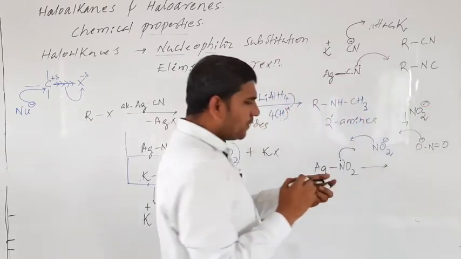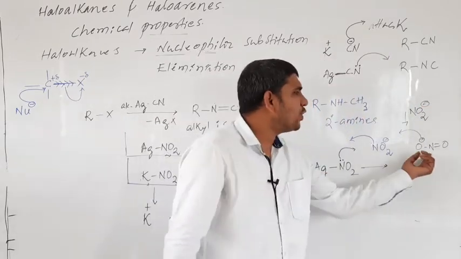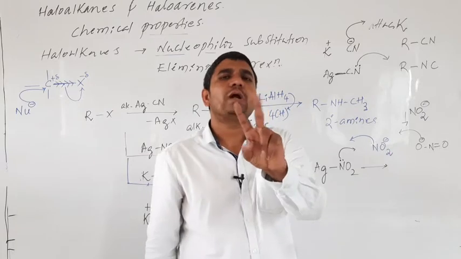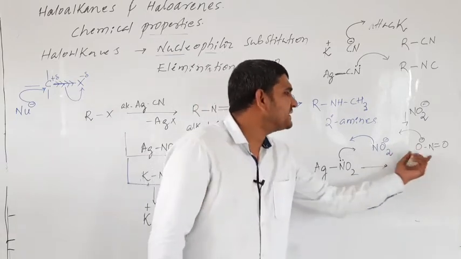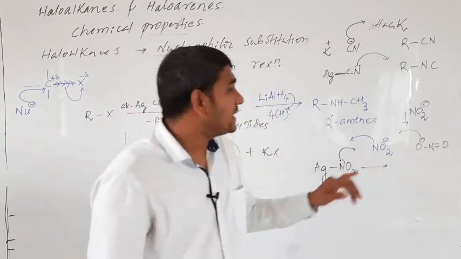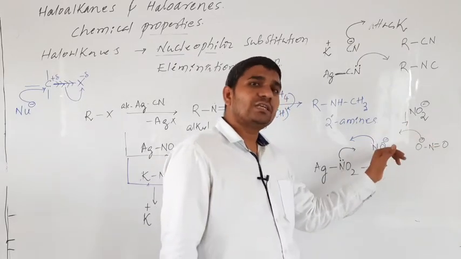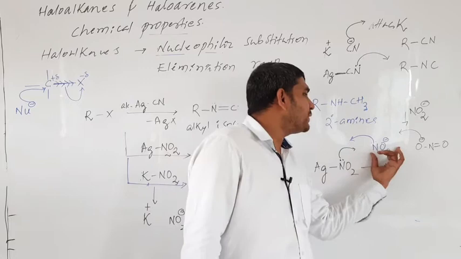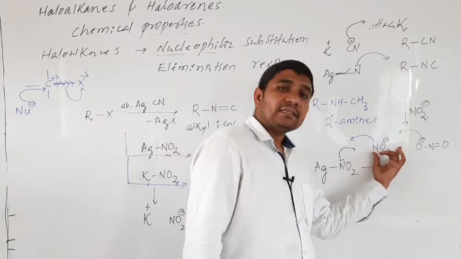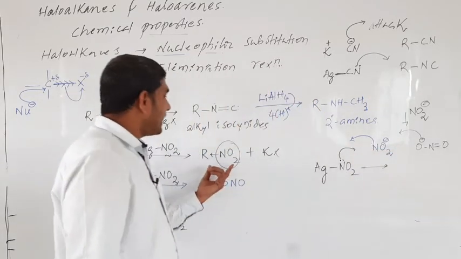But over here, the nucleophile contains two attacking sites. One attacks through nitrogen, one attacks through oxygen. When it attacks through nitrogen, it forms nitroalkane.